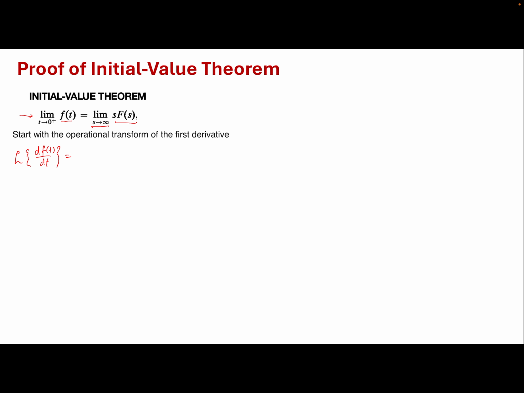We had a whole lecture deriving this. The answer is s F(s) minus f(0-). But I can also write it as the integral from 0 minus to infinity of df(t)/dt times e to the power of minus st, dt.